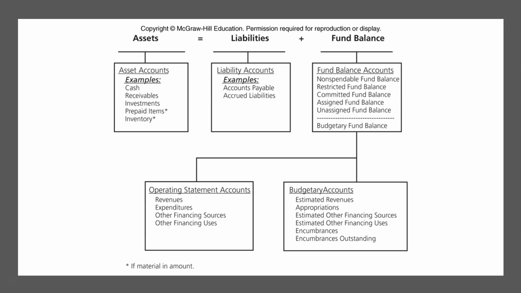In your own textbook, if you go to Chapter 3, and I think it's page 55, there's illustration 3-1. It goes over the account structure of governmental funds, and it kind of speaks to the same thing that I've been talking about here. Also, if you look at the example statements that they have, the illustrated statements that are in the chapters as well.